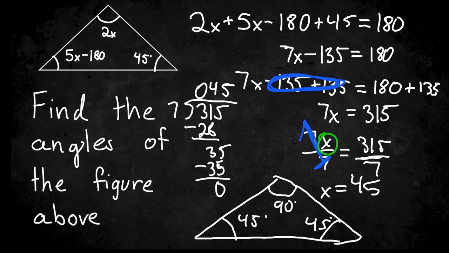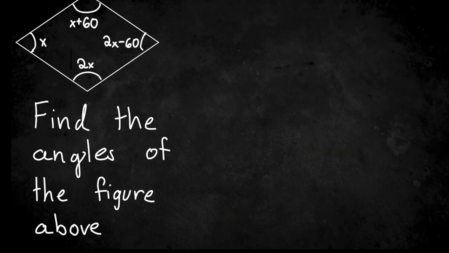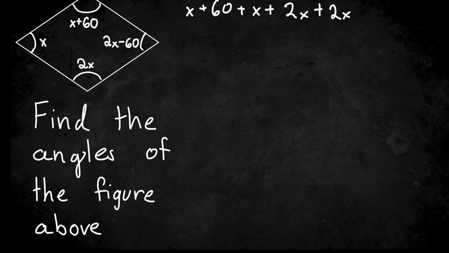Let's try another problem. We need to find all the angles of the figure above, and this figure is a quadrilateral, so we know all the angles equal 360 degrees. That means x plus 60 plus x plus 2x plus 2x minus 60 equals 360.